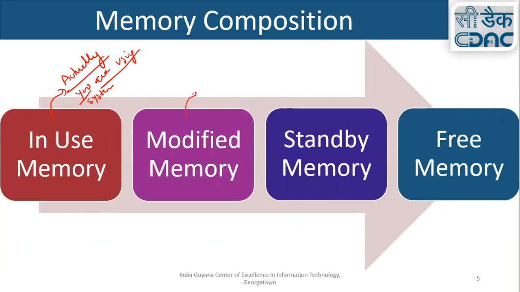What is modified memory? A section of memory whose content must be written to disk before it is allocated to another process.